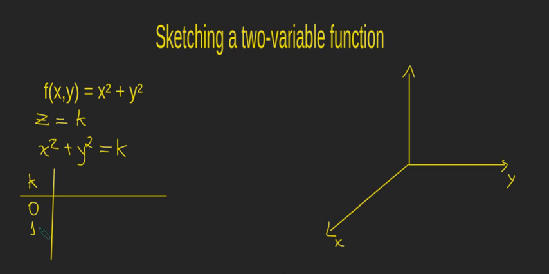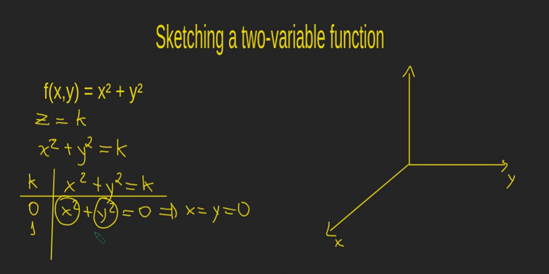So when k is 0, the expression x squared plus y squared equals 0, which implies that x and y are 0 as well, because the only way that two non-negative numbers added together result in 0 is when both of them are 0.